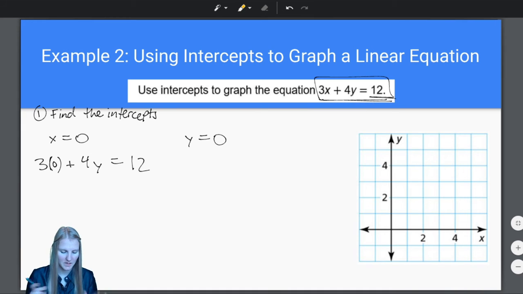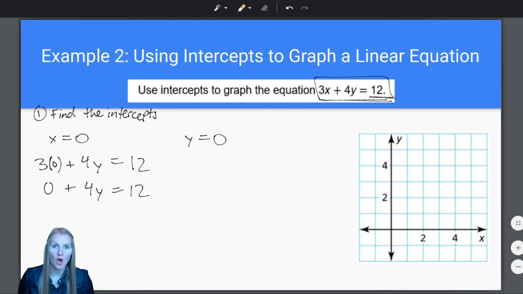I'm sorry. All right. Now, 3 times 0 is 0, plus 4y equals 12. So I need to solve for y. Well, the 0 can basically go away, right? If I have 0 plus 4y, that's just 4y.